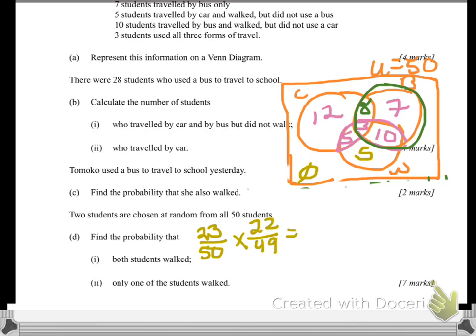Okay, so let me get my calculator just a second. And I get 0.20, and it says 65, so 3 sig figs is going to be 0.207, which is 20.7%. Okay, only one of the students walked. All right, so this is the probability that he walked.